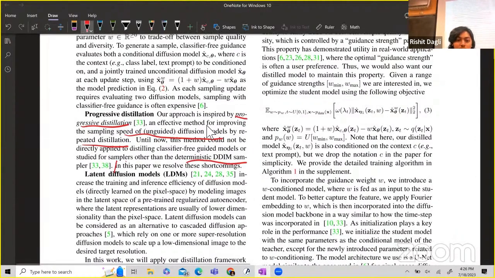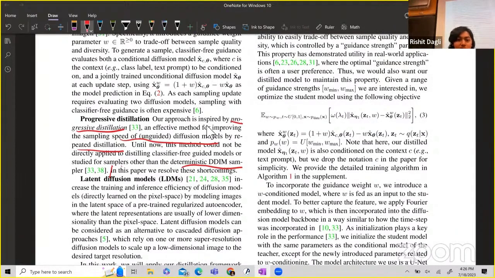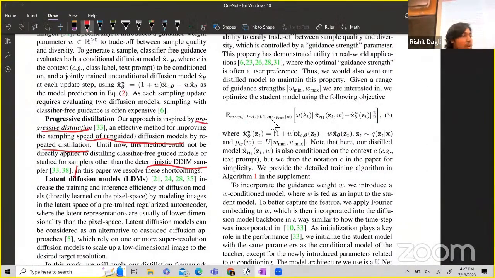One of the main things for progressive distillation, this paper was last year, Eichler. That's nice. But I think one of the main assumptions for this paper is that you're not really considering if the weights of some classifier could be injected, or even if you could directly use classifier guided diffusion.